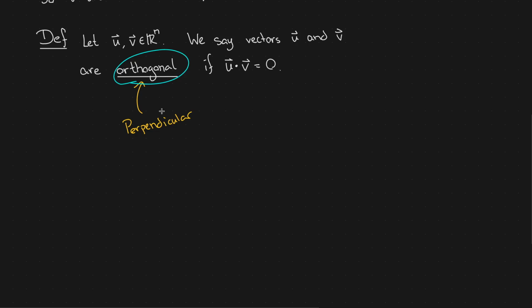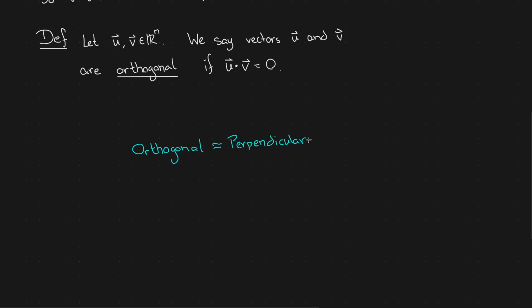In that case, we will have something like a dot product there, and we'll also use the word orthogonal, even though, because it doesn't have a geometric interpretation, perpendicular wouldn't make sense. So orthogonal is just a little bit broader of a word. At this point in the course, perpendicular and orthogonal are just about the same thing. But if you want to sound fancy, use the word orthogonal. That's going to be the word we will usually use in this course. So that's approximately the same thing as perpendicular, especially at this stage in the course.